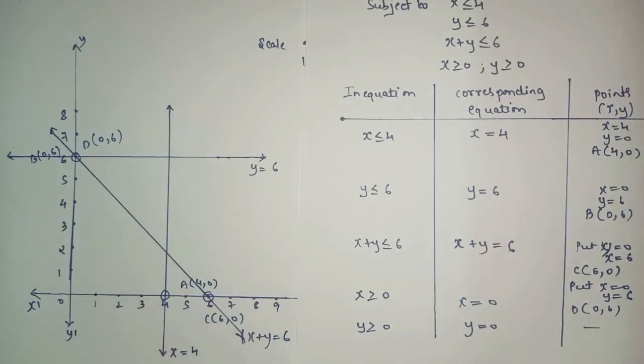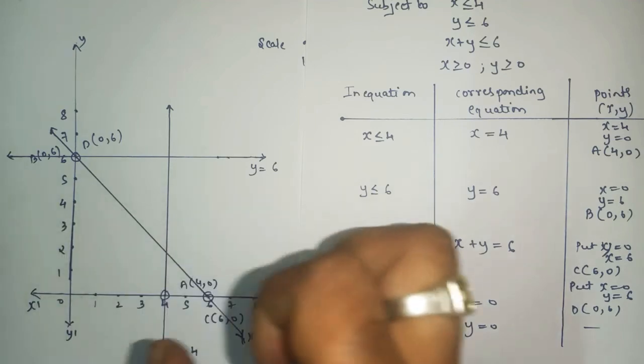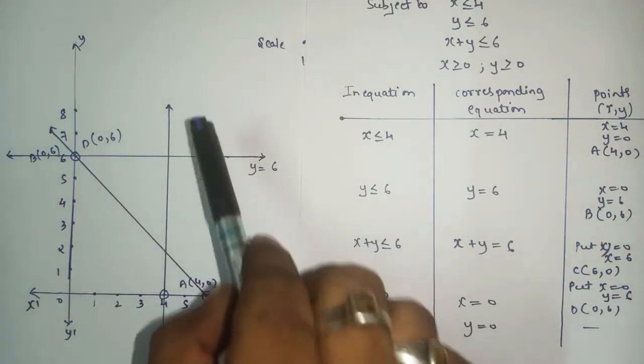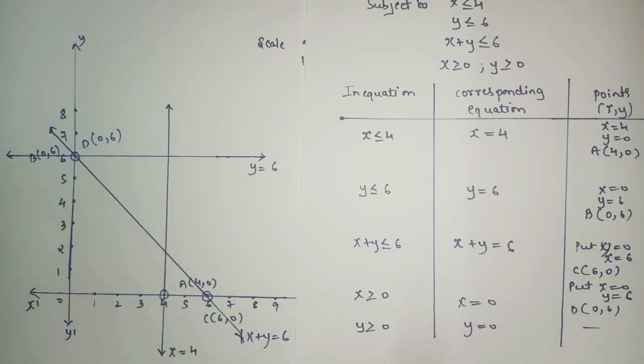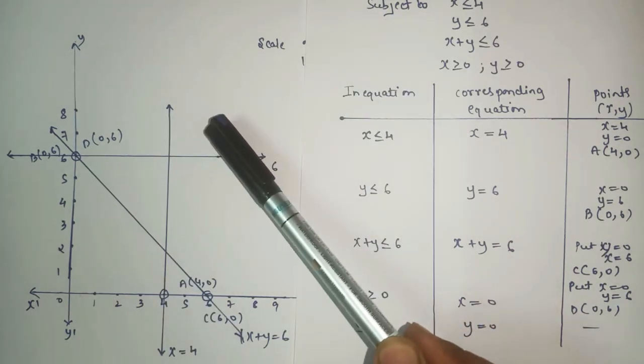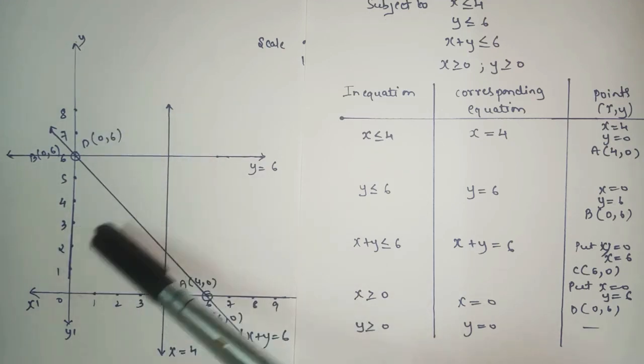Okay, so here the challenging part is what? To show the feasible region for this sum. Here we have many compartments, 1 2 3 4 5 6. Now we have to guess where the proper feasible region will lie, whether it will lie here in this part first, second, third, fourth, fifth, or it will be inside.